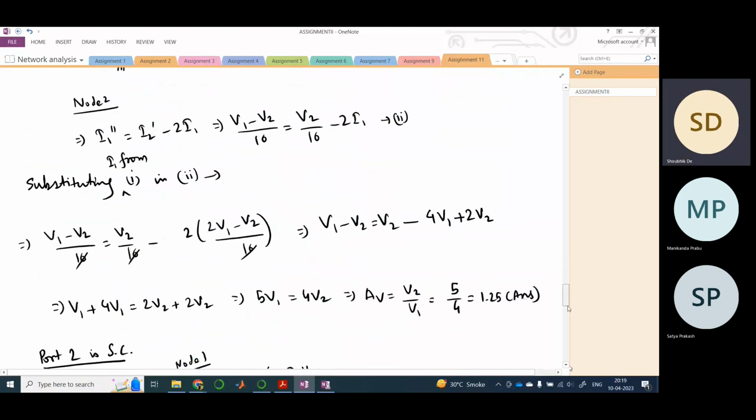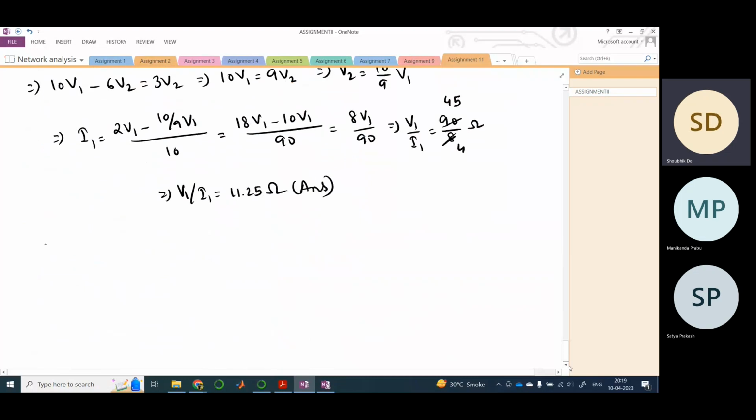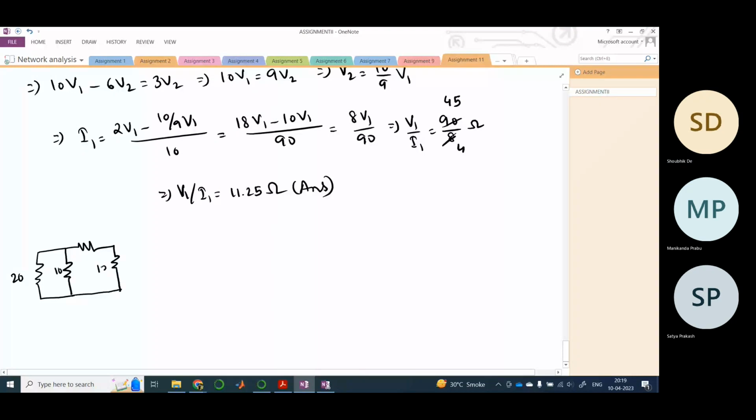so we'll do this. We'll just redraw the circuit again. This is 10, 20. There is a resistor here. Now here there is a small trick that you will see shortly.